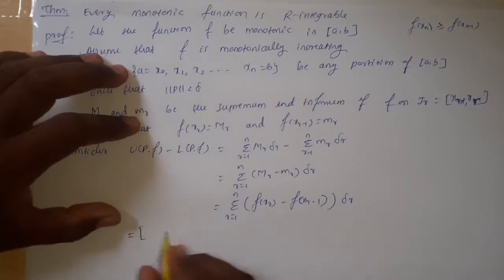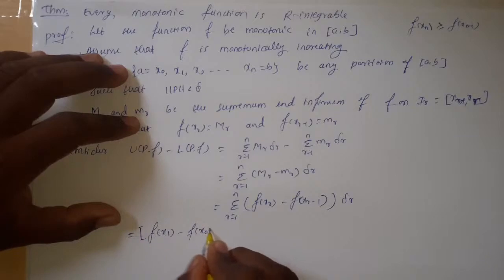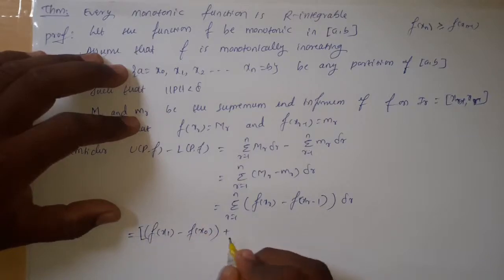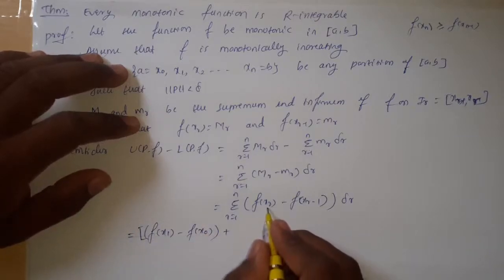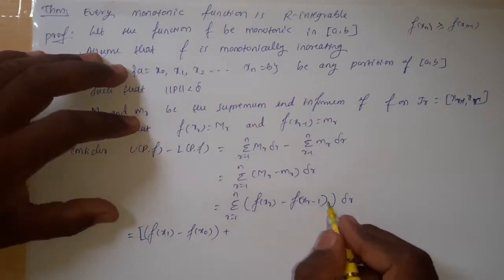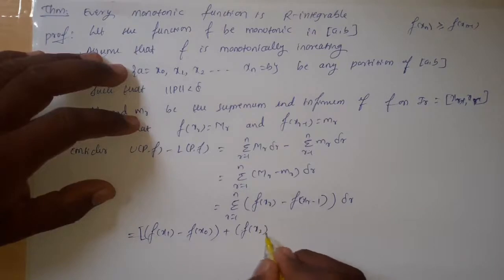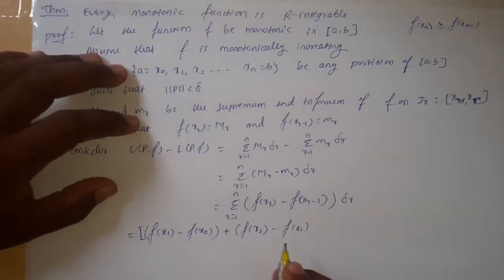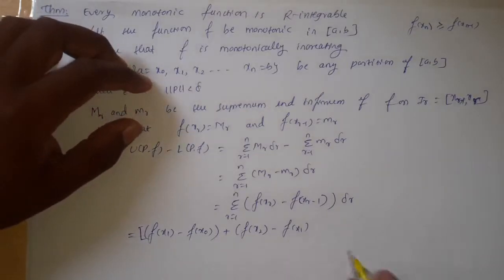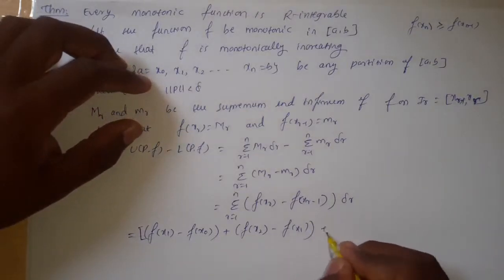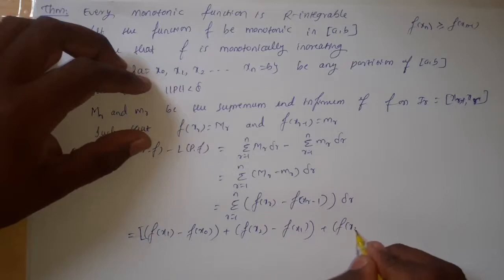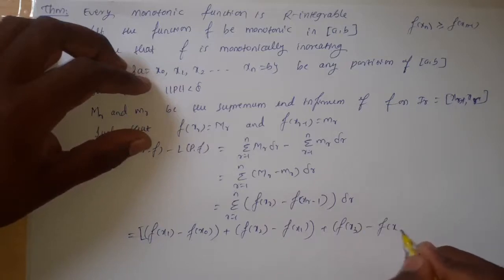Now, this is f of x1 minus f of x0 plus, for r equal to 1 this becomes x1 and this is 1 minus 1, that is 0, and for r equal to 2 this is f of x2 minus f of x1 plus, for r equal to 3 it is f of x3 minus f of x2, and so on.